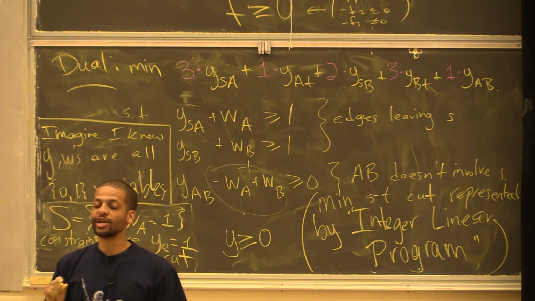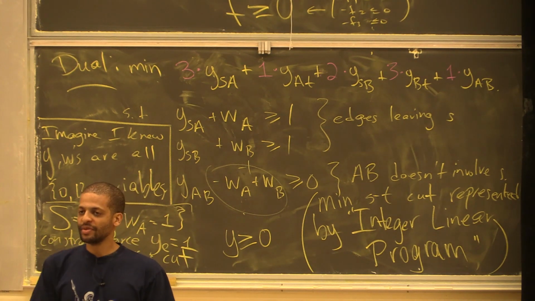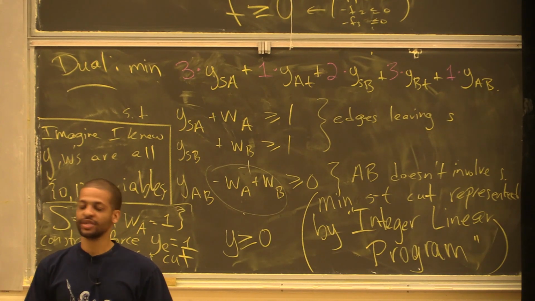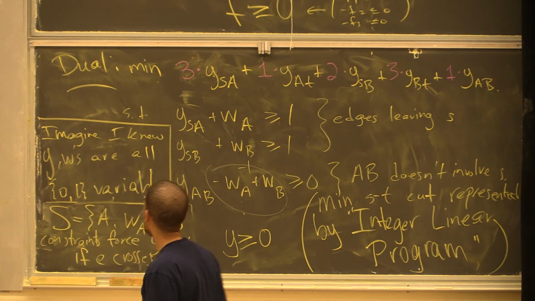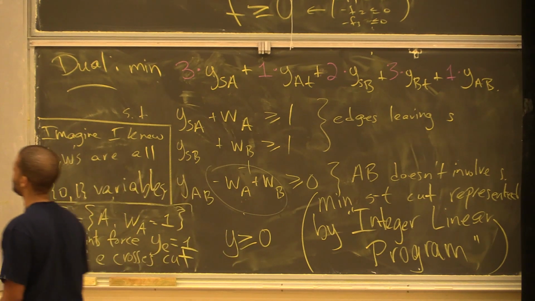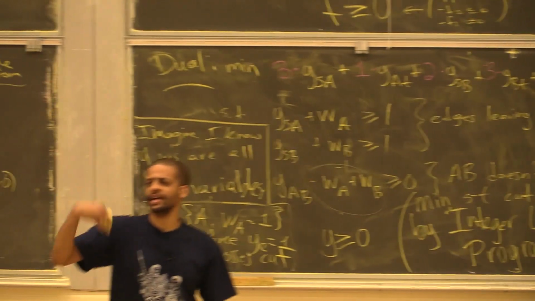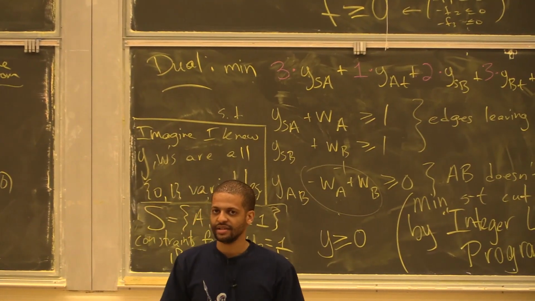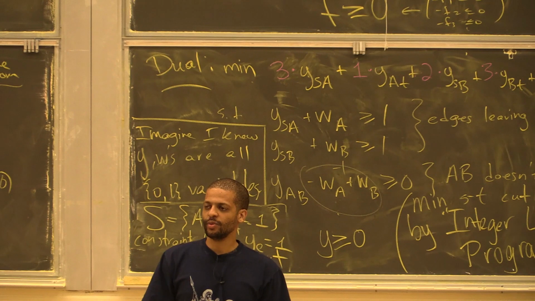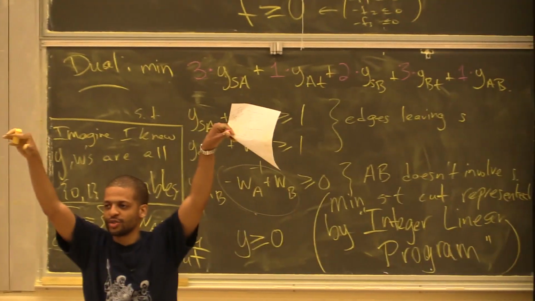And what strong duality says is the optimal value for max flow is equal to the optimal value for this fractional version of min ST cut. On the other hand, we do know by the max flow min-cut theorem that the optimal value for max flow is equal to the integer version of min-cut. Okay? So we know that max flow equals the integer version of min-cut.